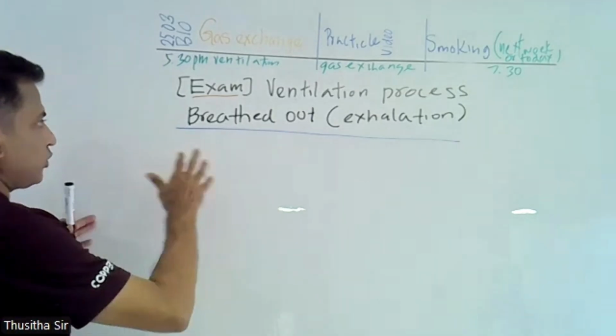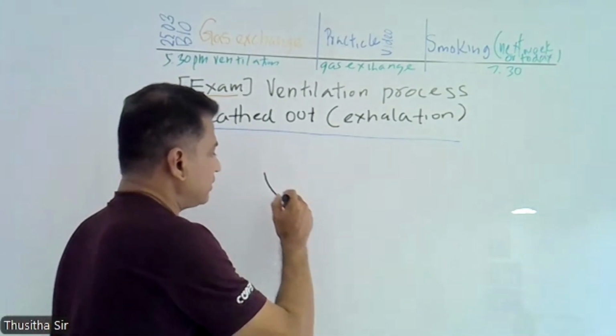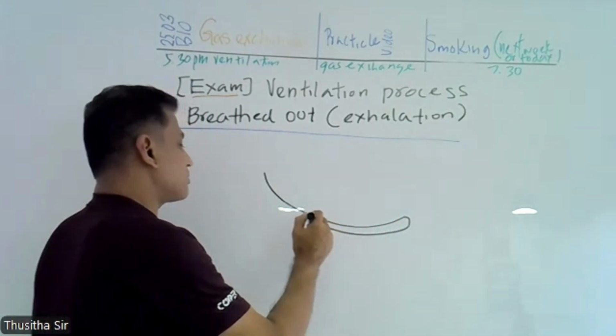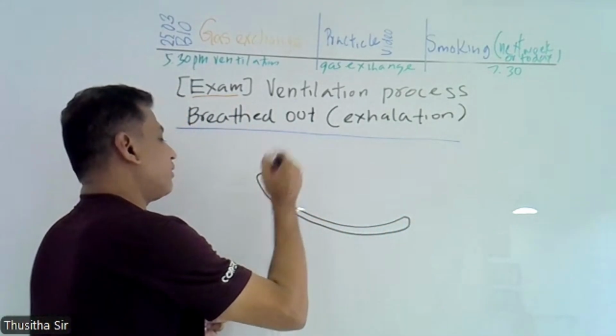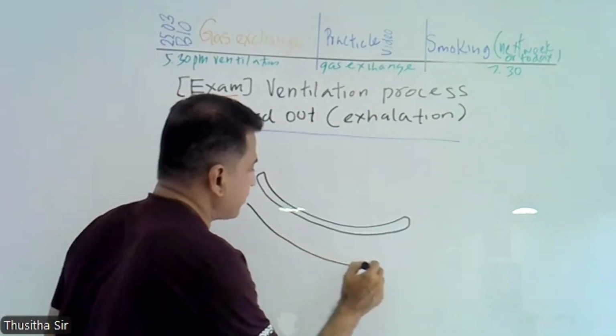Okay, before we learn the process, one more thing to learn. So take a rib. This is one rib and this one is a second rib.